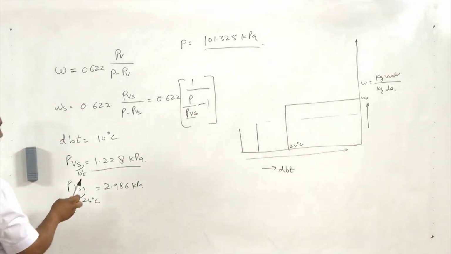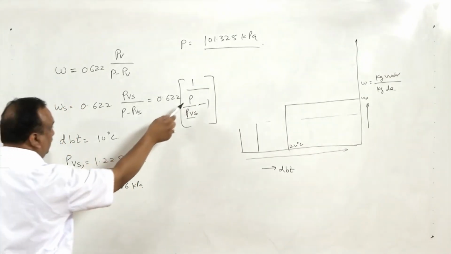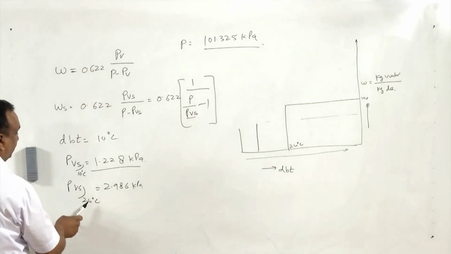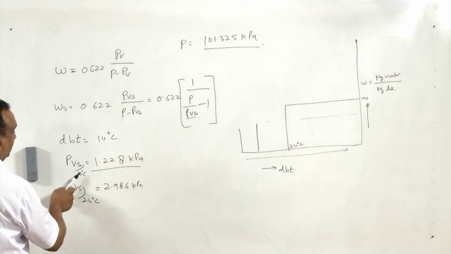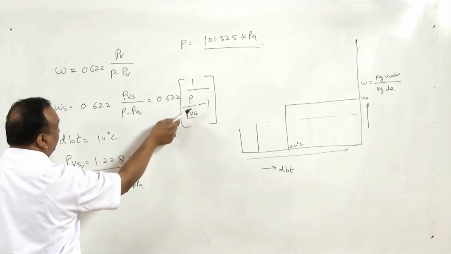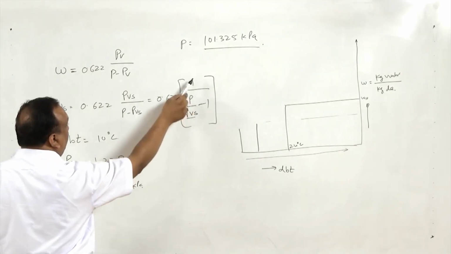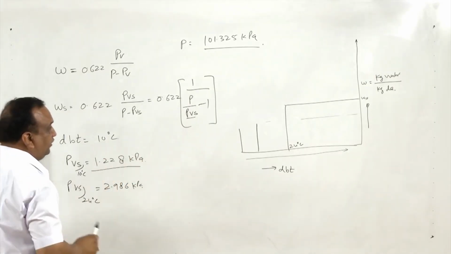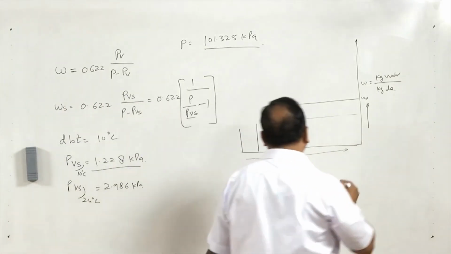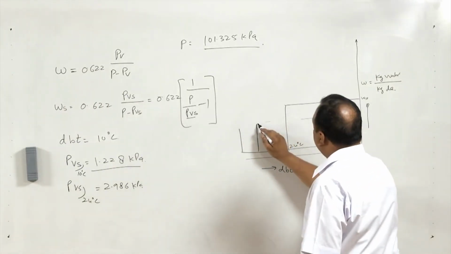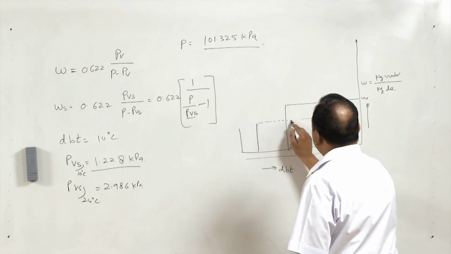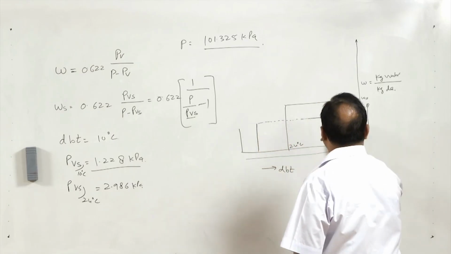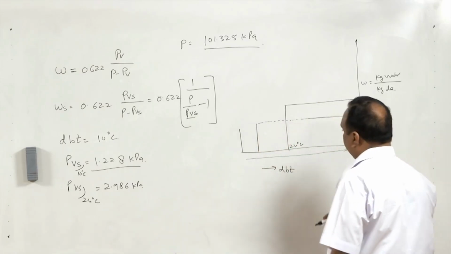Because P is constant, P by PVS in the case of 24 degrees centigrade is less, and in the case of 10 degrees centigrade this expression is more, so minus 1 by this expression. So, definitely as PVS, the saturation pressure of vapor, reduces, the specific humidity also reduces. So, this will come down at 10 degrees centigrade.